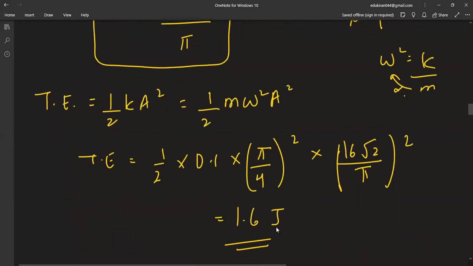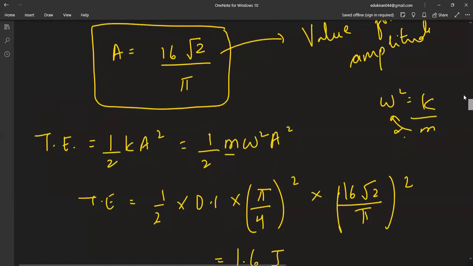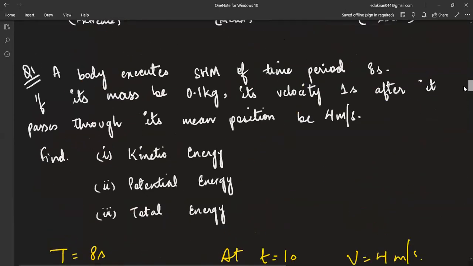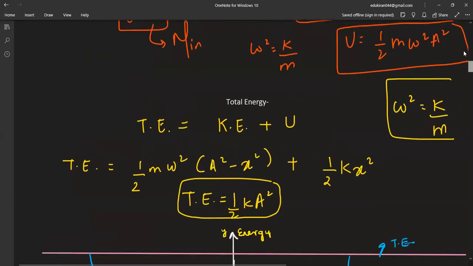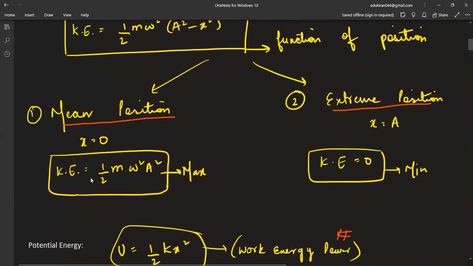Here, total energy came out to be 1.6 joules. See, this came because of half m omega square a square, right? Now, in this question, if you go by the formula of kinetic energy, this is half m omega square a square, and both these are the same.